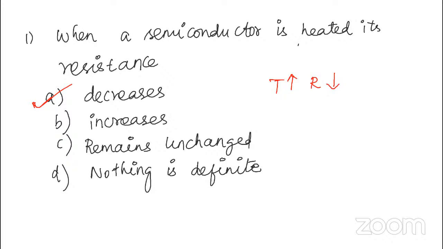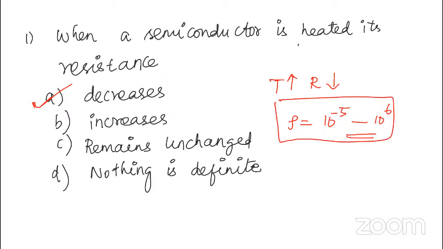If you go and check the resistivity value of semiconductors, it is in the range of 10 power of minus 5 to 10 power of 6. So for a temperature increase, the resistivity value is going to decrease.